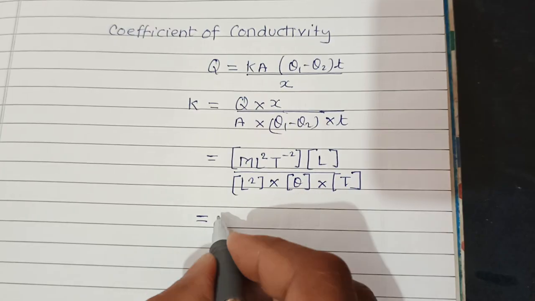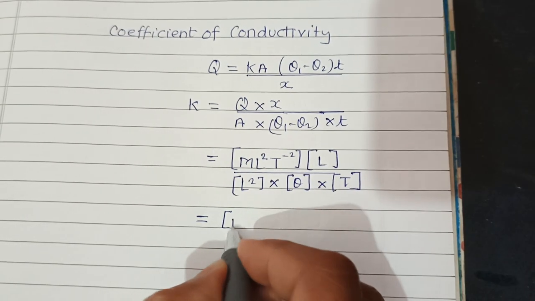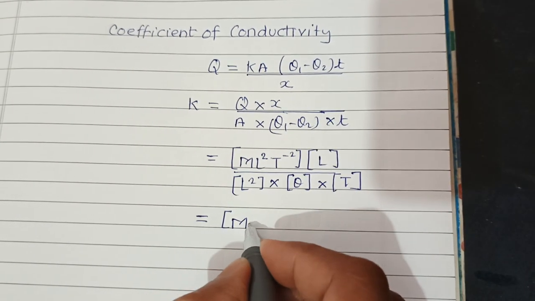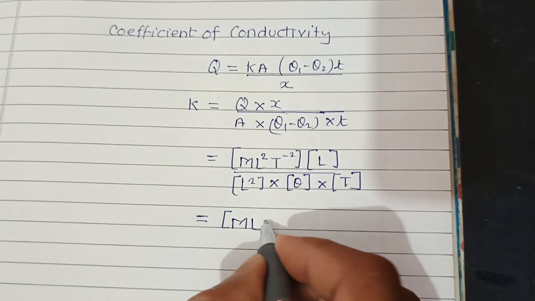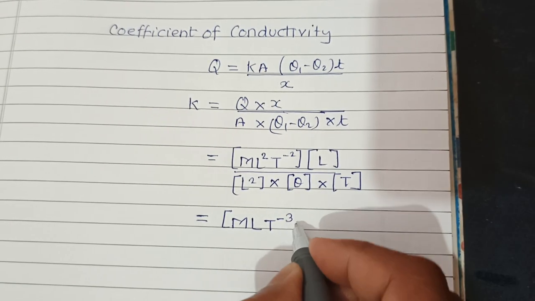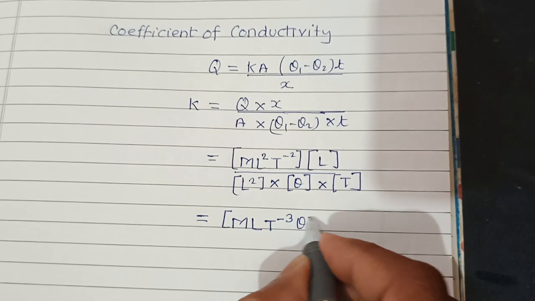We will get, after solving this, M L T minus 3 theta to the power minus 1.